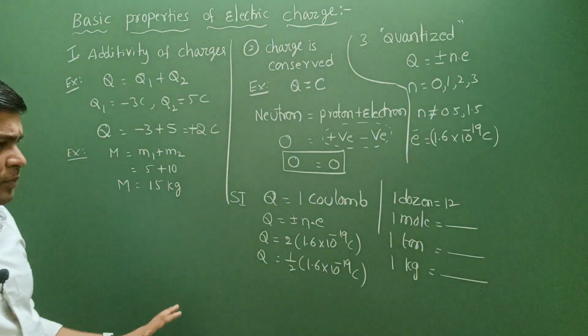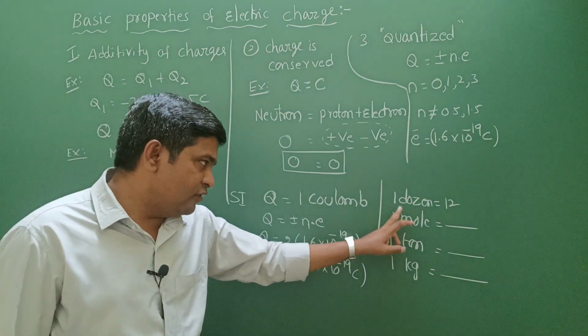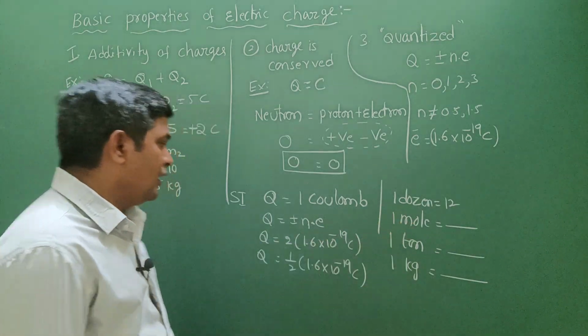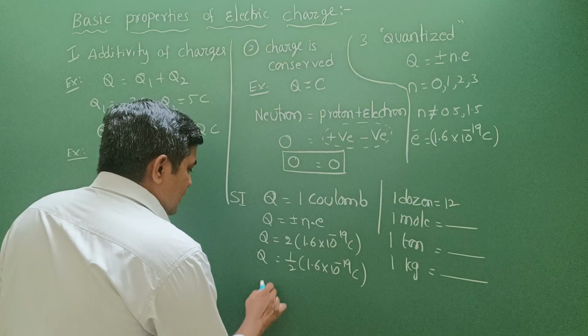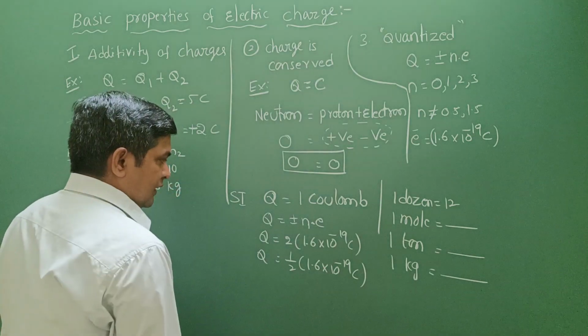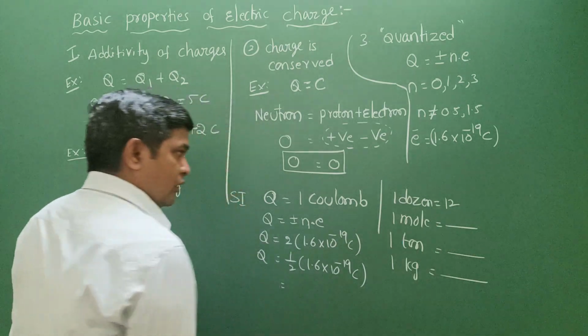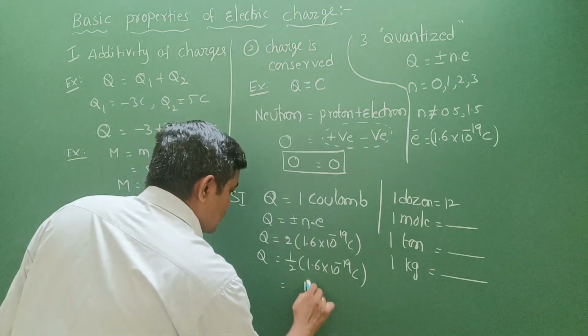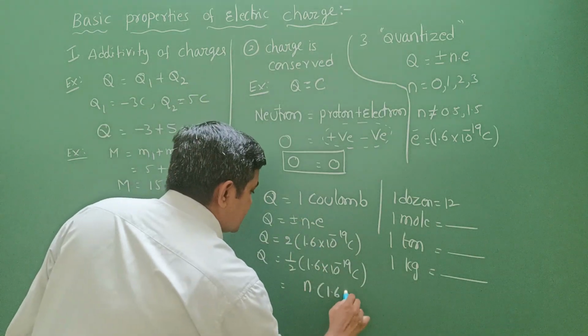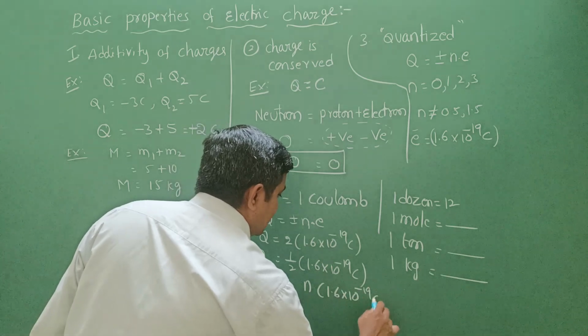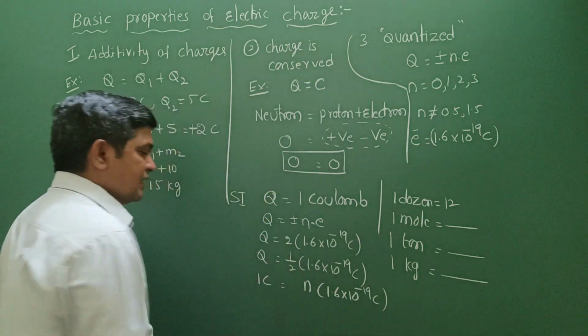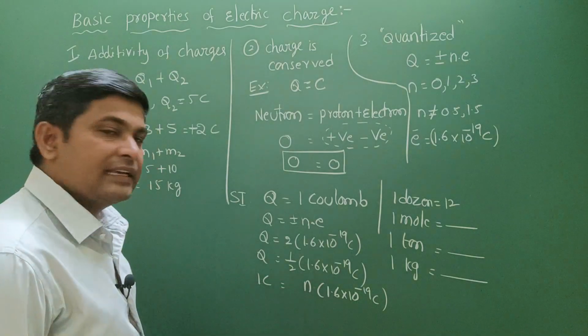So these are the basic properties, and you try to know some information regarding this. Then what is the meaning? If 1 coulomb charge is there, how many electrons can be there? Like 1 dozen means 12, you calculated, okay, that's fine. Here e equals 1.6 into 10 to the power of minus 19 coulomb, and per 1 coulomb charge how many can be there?